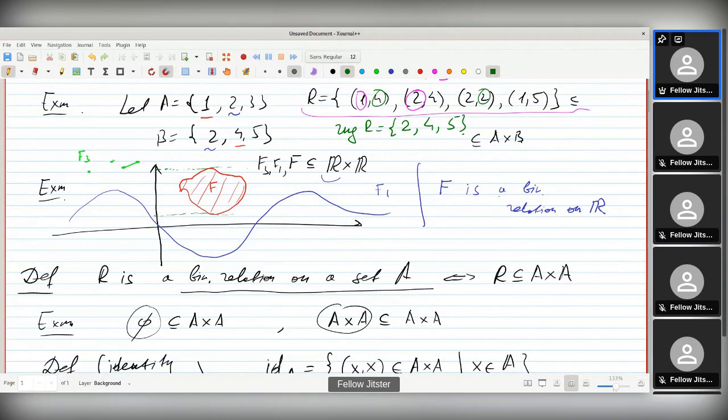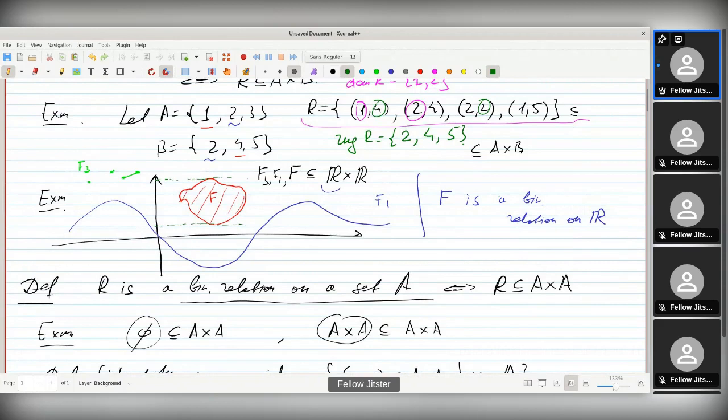So look, when talking about the range, we are interested in all such y's from the set of all reals for which there is at least one x such that the pair x y belongs to our figure, to our set.